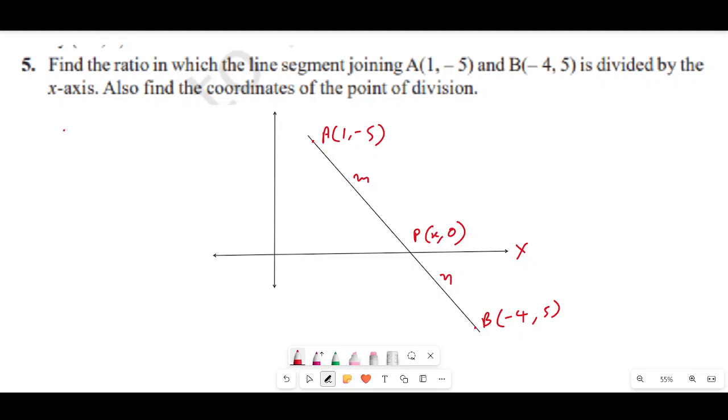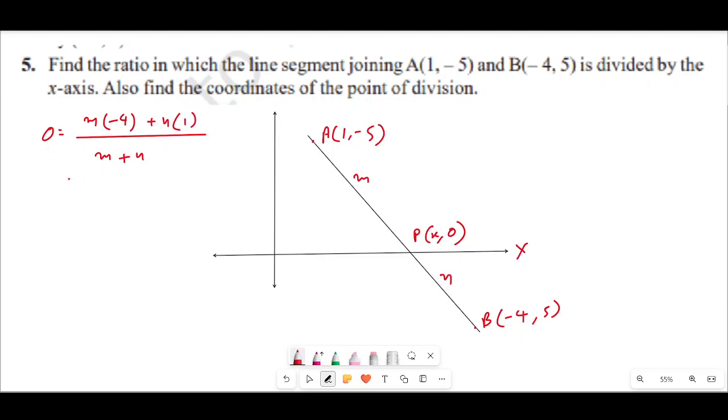Now first we will use the y coordinate, which is 0. That means m plus n, where m will be -4 and n will be 1.